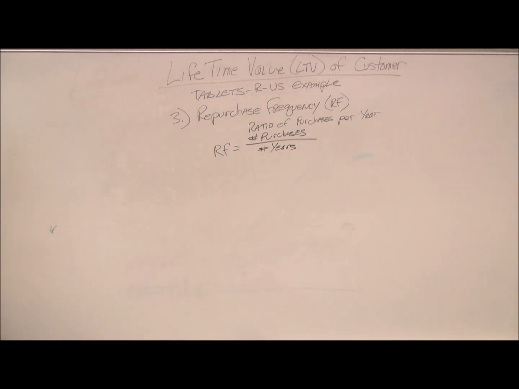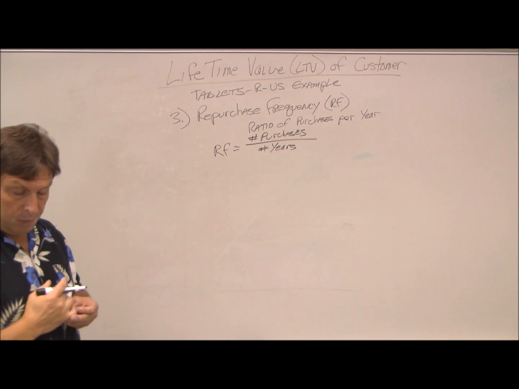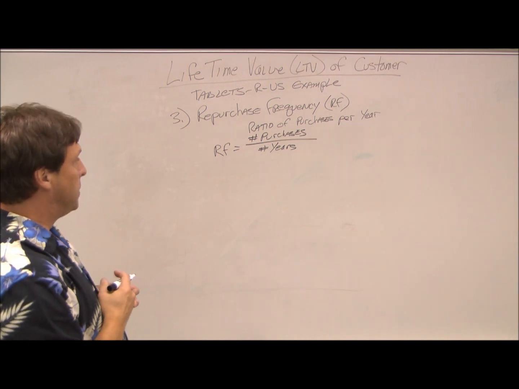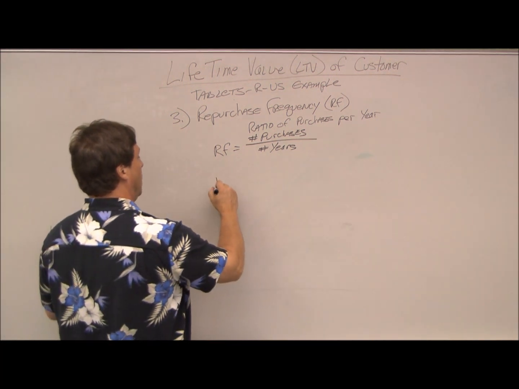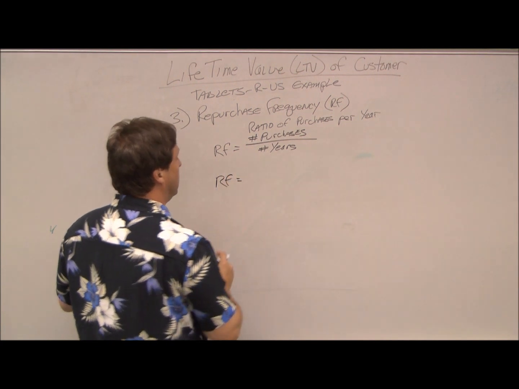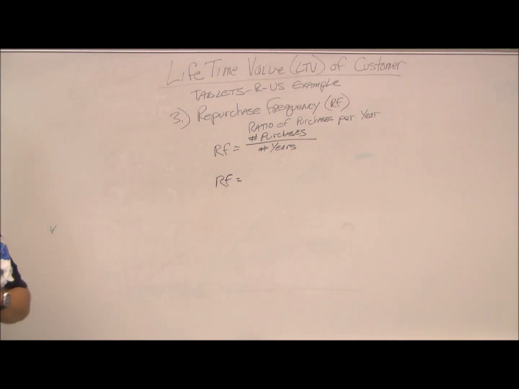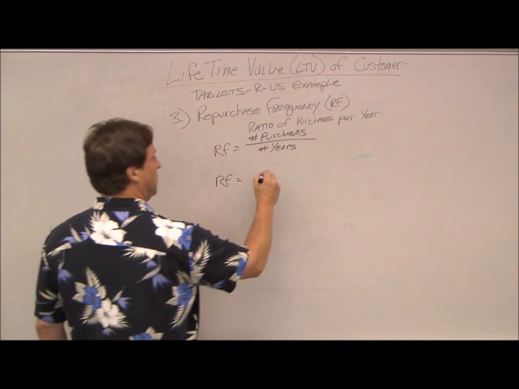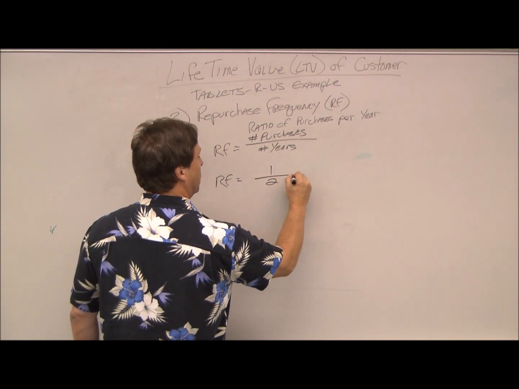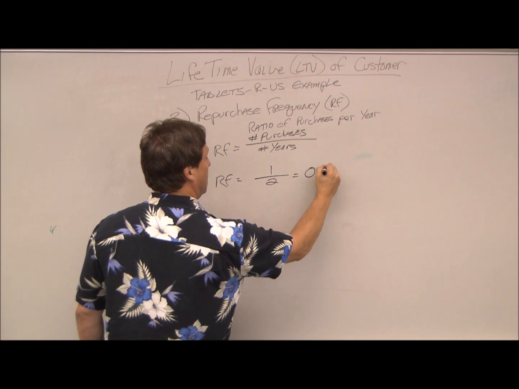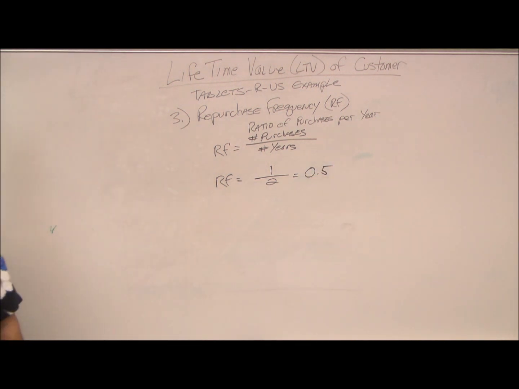In Tablets R Us, we're using years. It was stated that someone buys a tablet every other year. In other words, they make one purchase in 2 years. So their repurchase frequency is 0.5.